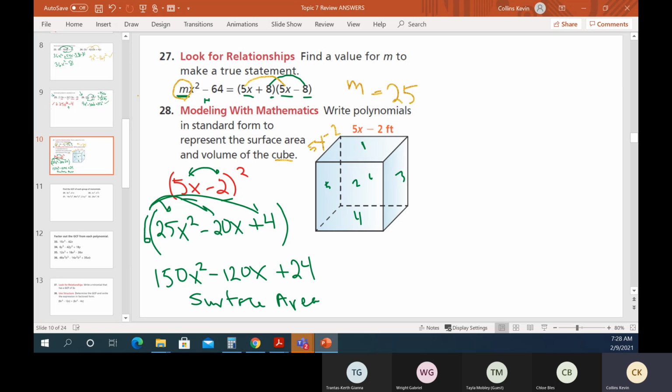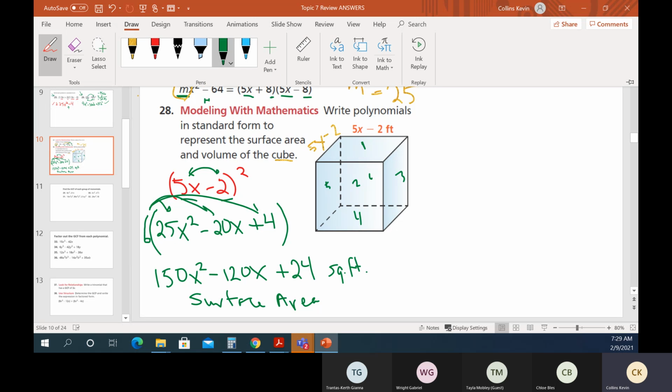That's a state test. So how do we figure out volume? So when we say surface area, this is whatever we got, inches, meters, whatever, squared. So this is square feet, we'll say. Okay. All right, so how about volume?